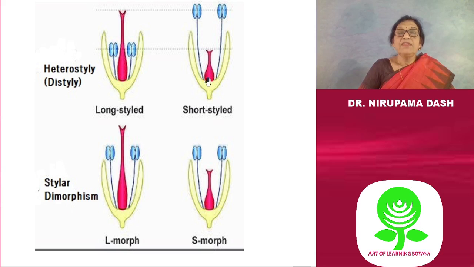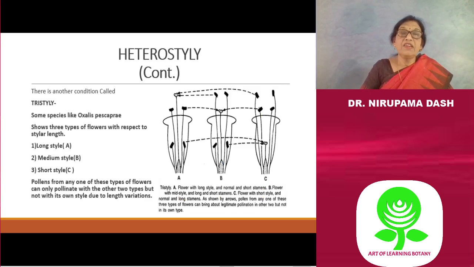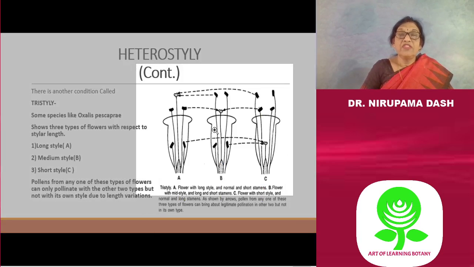And sometimes the style is short and the stamens are long, and that is called thrum. This is found in Primula vulgaris. Another condition of heterostyly is tristyly, found in some species of Oxalis.